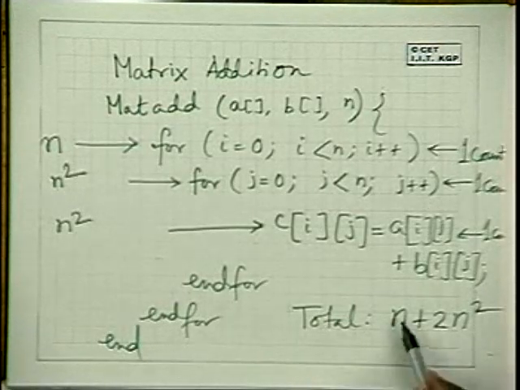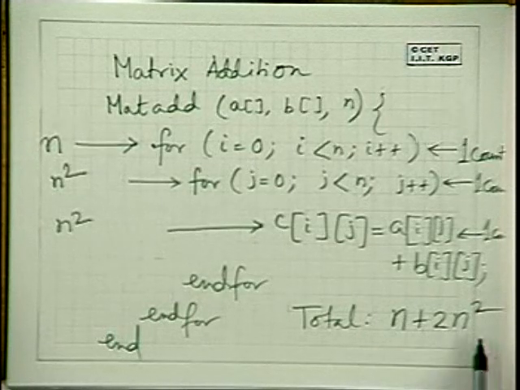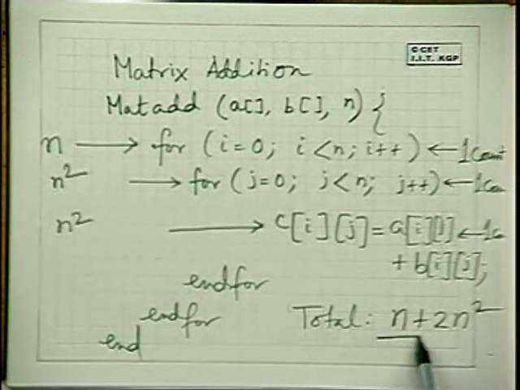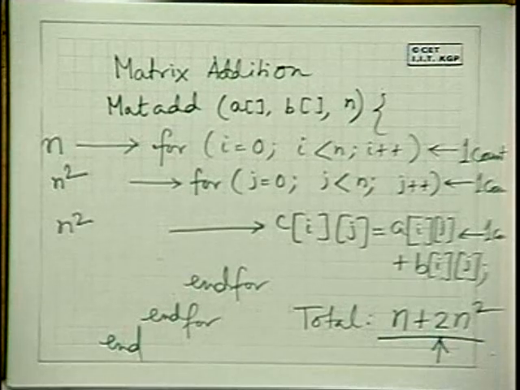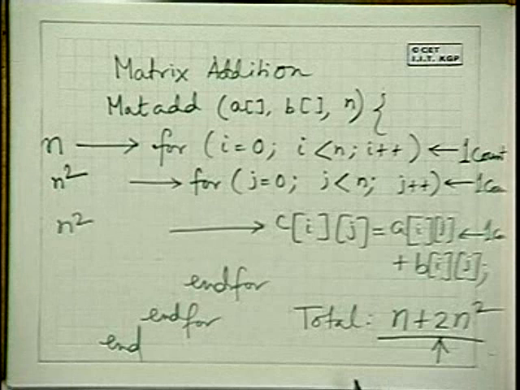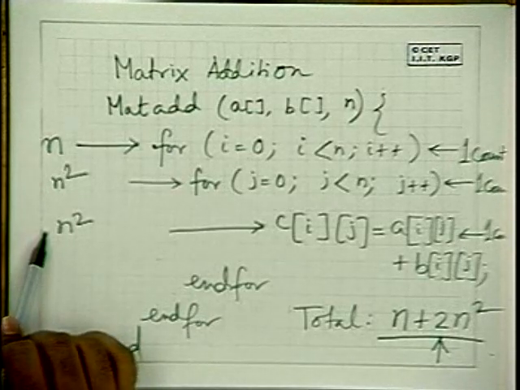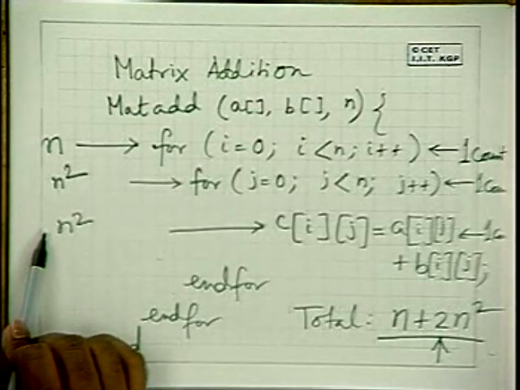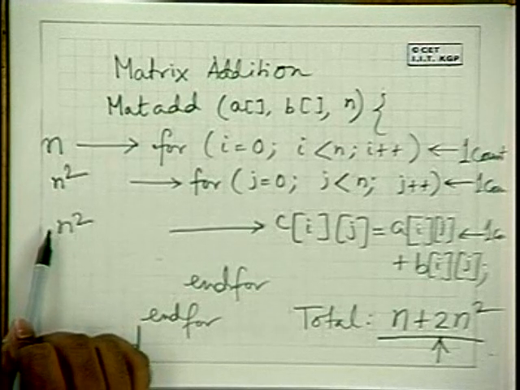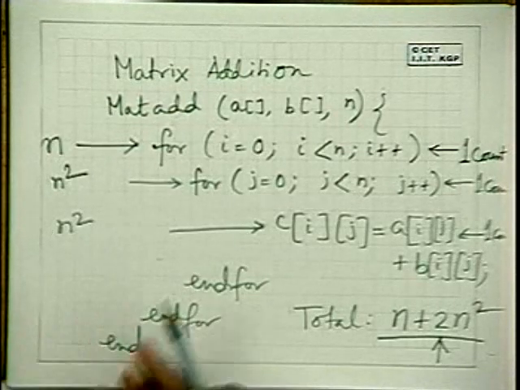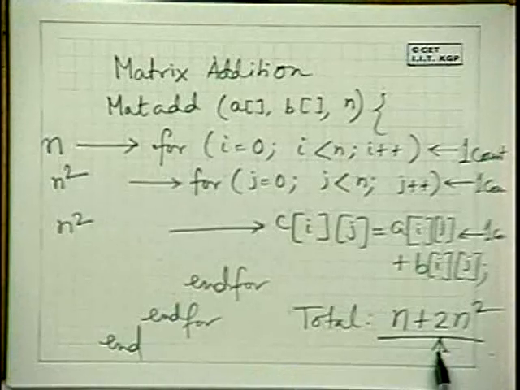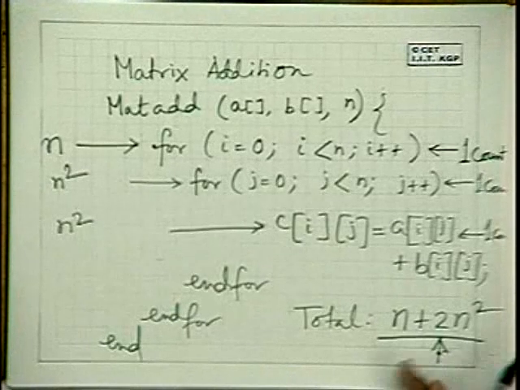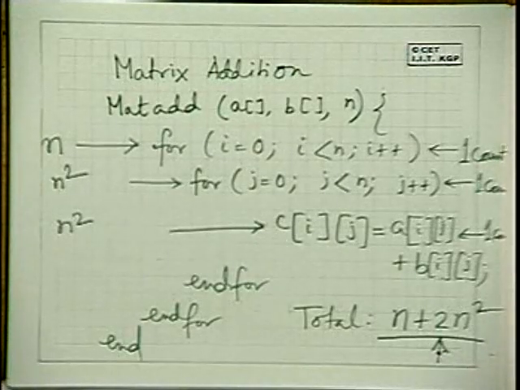Now, we have already ignored some things, but is it very important to know that this is 2n squared? It's not, because already I have taken the liberty of not putting the exact constant before n squared. It will not take exactly n squared steps, because you don't know how much time each step takes. So this constant is not very important. What is important to us is that it is n squared, not n.